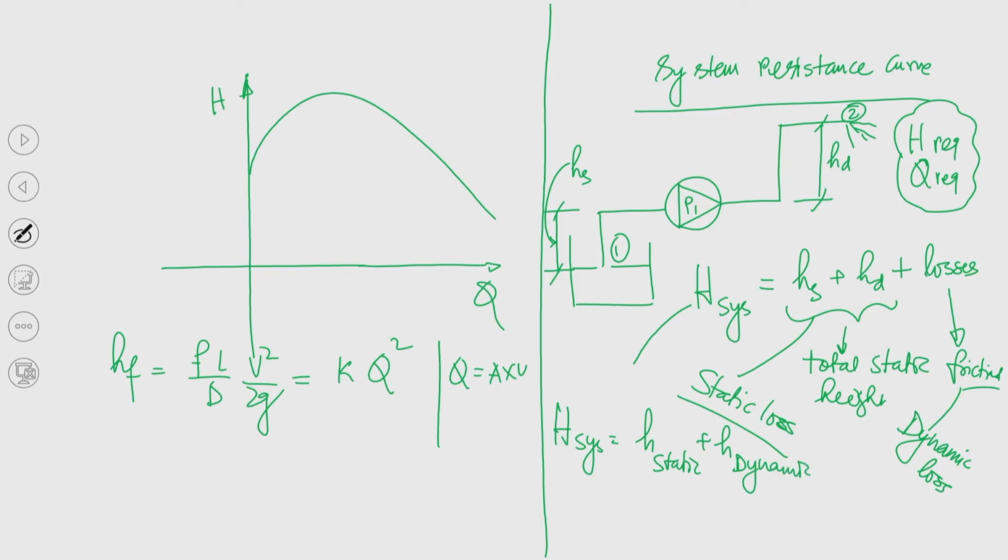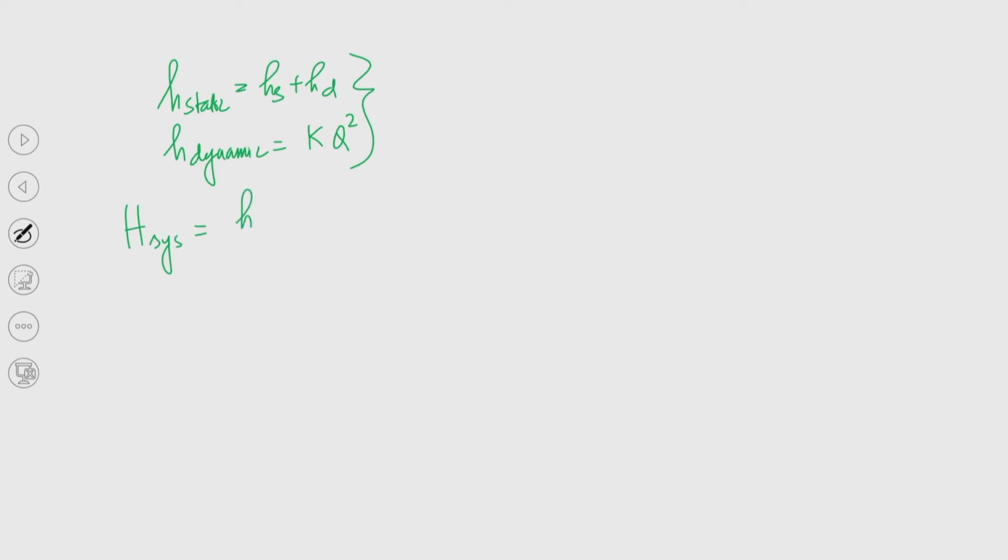H static is equal to Hs plus Hd, and H dynamic is equal to K into Q square, okay. And then H system equal to H static plus K into Q square, okay.